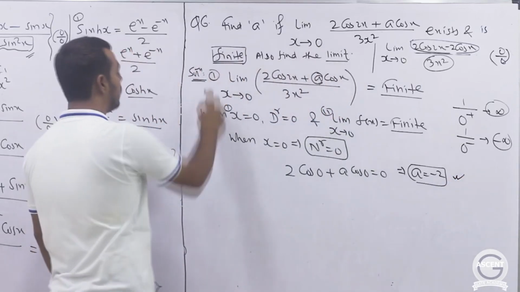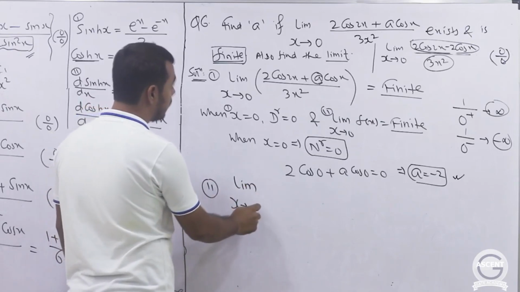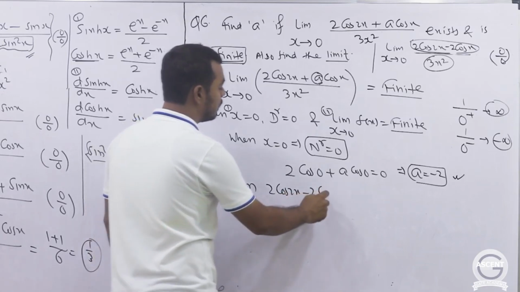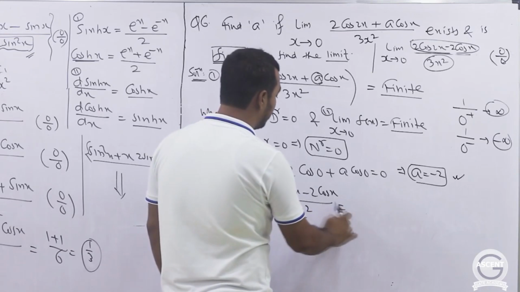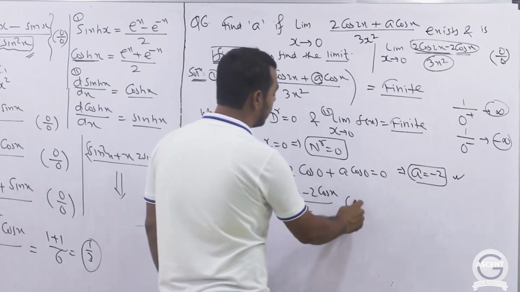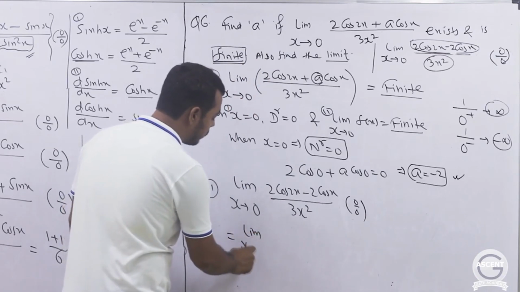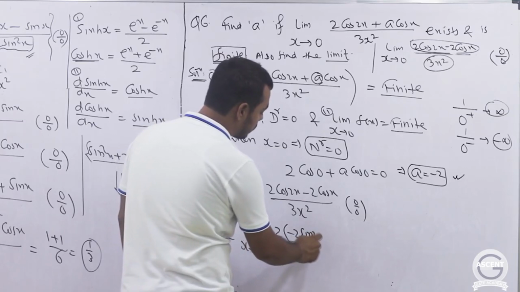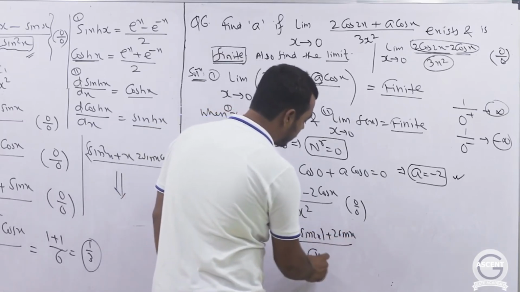Now the second part of the problem is we need to evaluate the value of this limit. The second part is easy now because we have obtained the value of a, and this is divided by 3x square. Apply L'Hopital's rule because you are getting a 0 by 0 indeterminate form. So this can be written as limit x tending to 0 of the derivative, minus 2 sin 2x plus 2 sin x, divided by 6x.